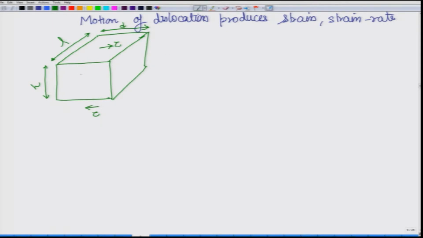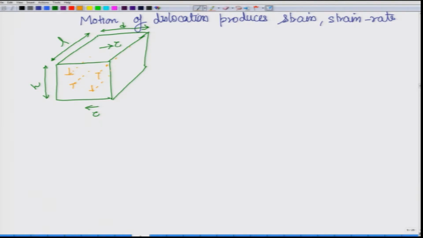Now, we have to show that there are some dislocations, positive and negative, and for the sake of simplicity, I will just put 4 dislocations over here. These are long dislocation lines which terminate from end to end.